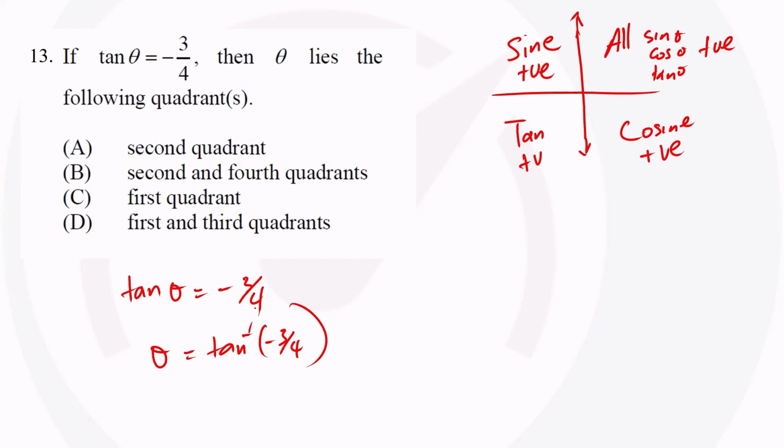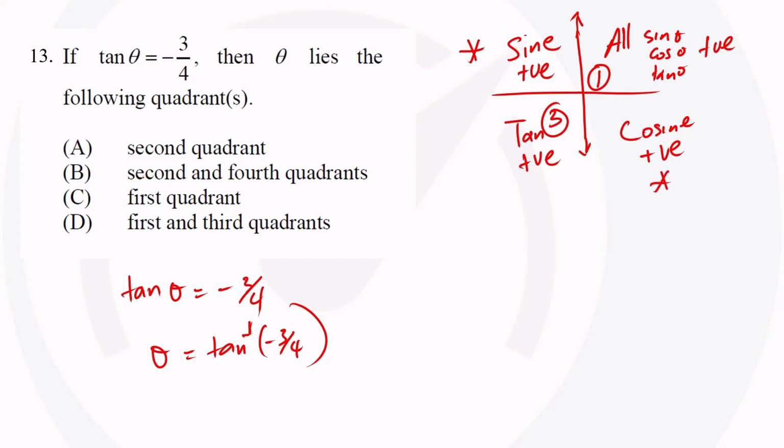Cool? So hence, because it's going to be negative, in what quadrants will tan be negative? Tan is positive in quadrants 1 and 3. Therefore it's going to be negative in quadrants 2 and 4.